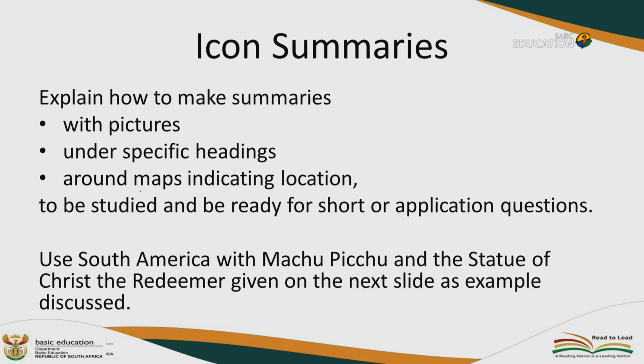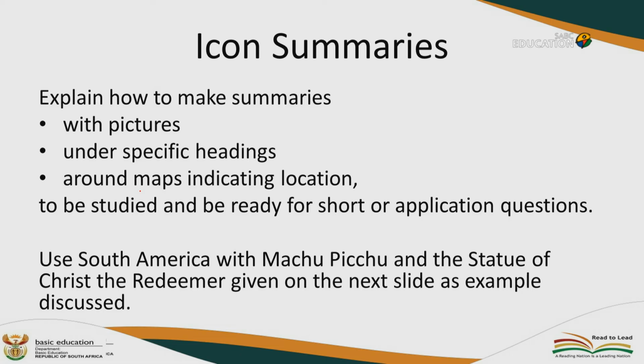And then at the end of this lesson, this is how you must summarize what you see and what you have learned. You must be able to explain icons using pictures. Under a specific heading, remember I said you can be given a table whereby you need to do an icon with a picture, the location, and then why it was identified as an icon.